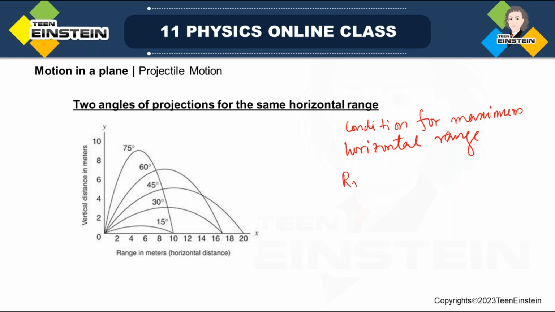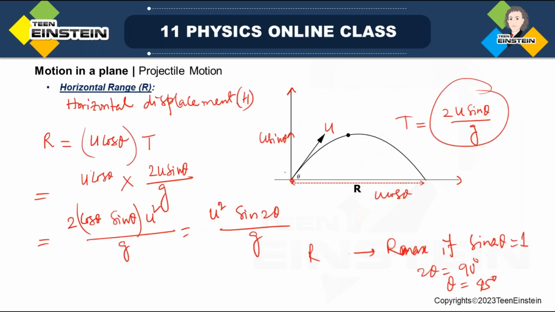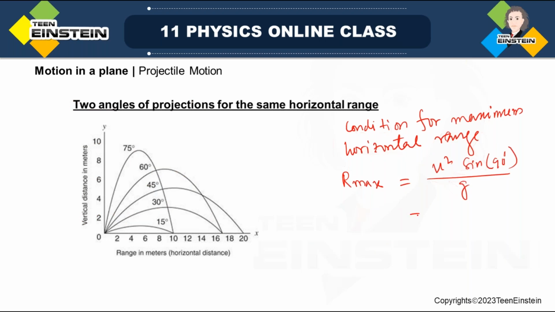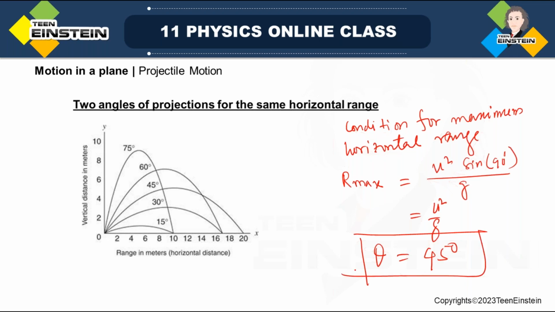See, R max is equal to u square sine 2 theta, this has to be 90 degree, by g. Yes, it is g. So u square by g, this will be the maximum R max. Okay, and what is the condition? Theta has to be 45 degree. At 45 degree, the horizontal range will be maximum.